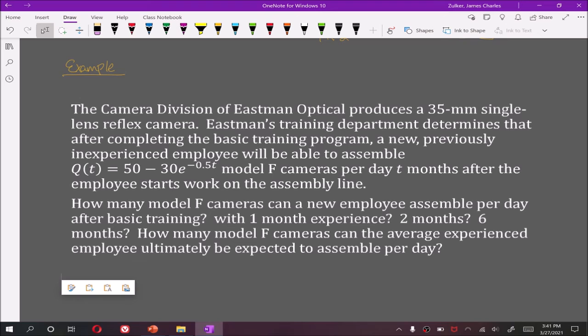So this Q of t is a learning curve. How many Model F cameras can a new employee assemble per day after basic training? With 1 month experience, 2 months experience, 6 months experience. And then how many Model F cameras can the average experienced employee ultimately be expected to assemble per day?